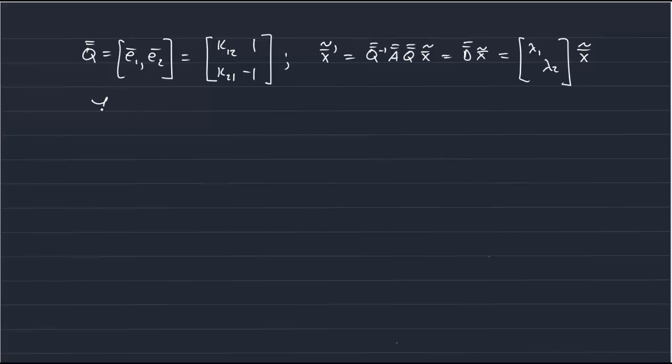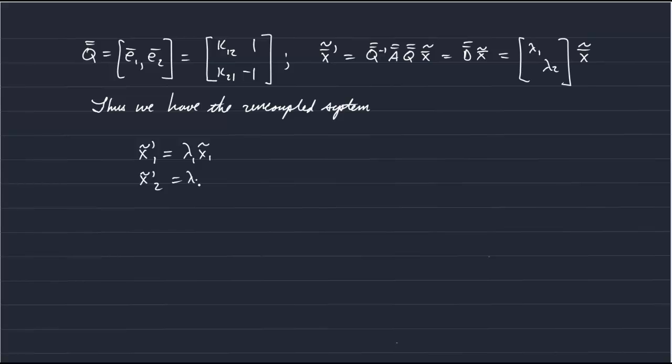And thus we have the uncoupled system of equations: x tilde prime 1 is equal to lambda 1 x1 tilde, and x tilde prime 2 is equal to lambda 2 x2 tilde.